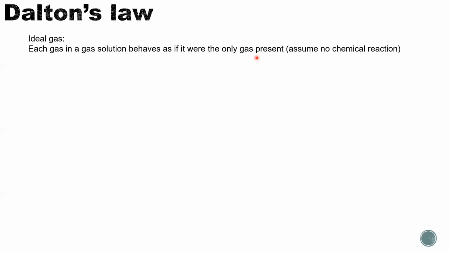Assume no chemical reaction occurs. And John Dalton found that the total pressure of a gas mixture, in his case humid air, so it has the air and also the water, equals the pressure of dry air plus the pressure of water.